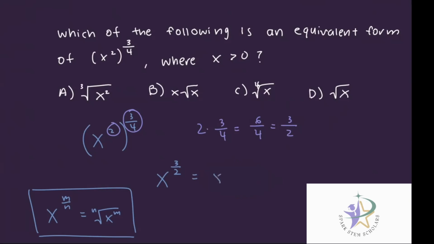It's equal to 2 over 2 plus 1 over 2. And that is equal to x to the first power times x to the 1/2. So this will equal x square root of x, which is b.